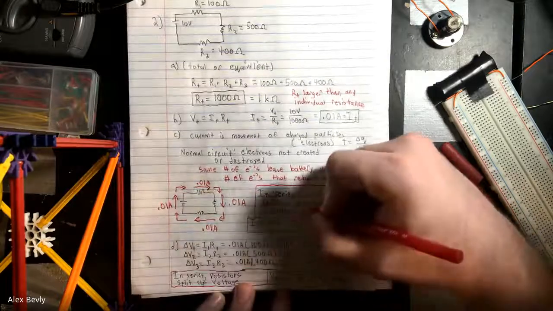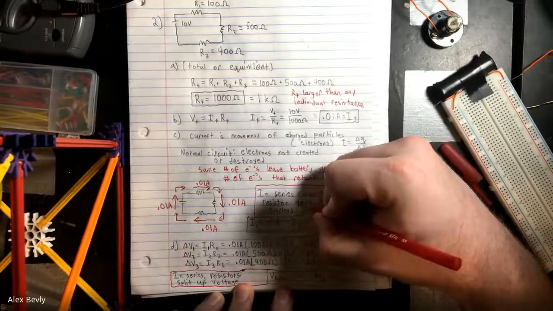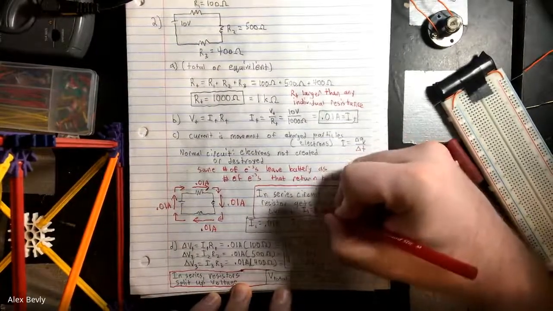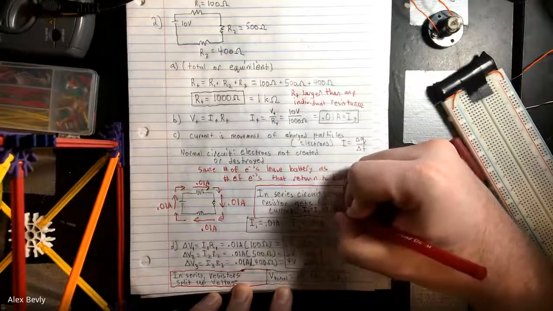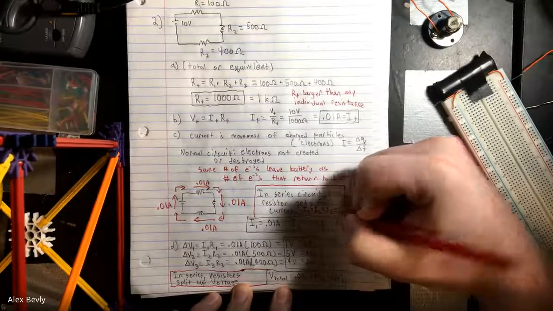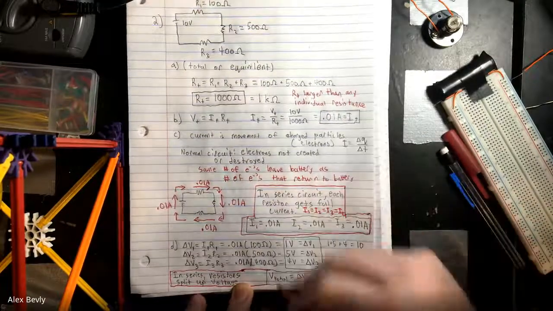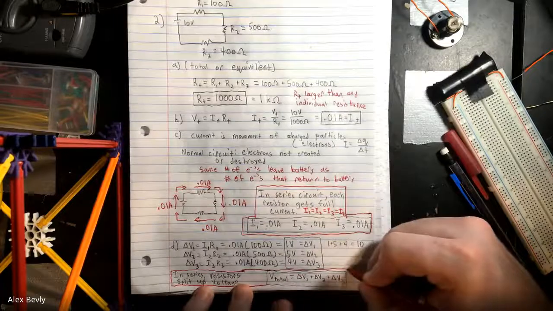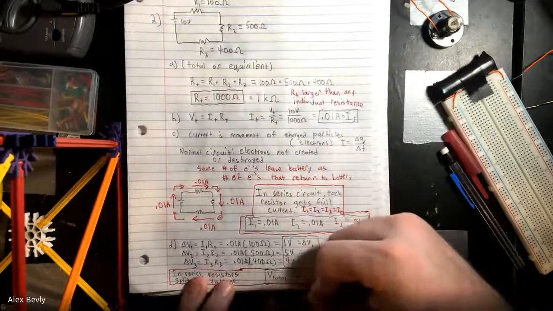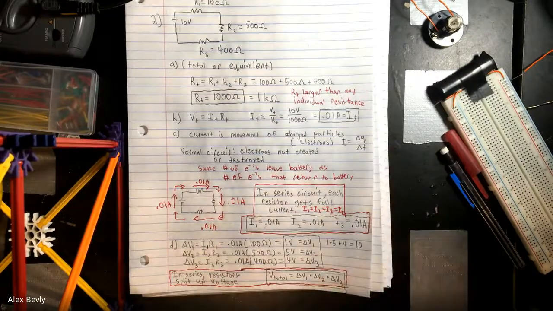And then I could write this equation. So current 1 equals current 2 equals current 3 equals that total current. Like this. Or here we see that they split up the voltage. So the voltage 1 plus voltage 2 plus voltage 3 equals our total.